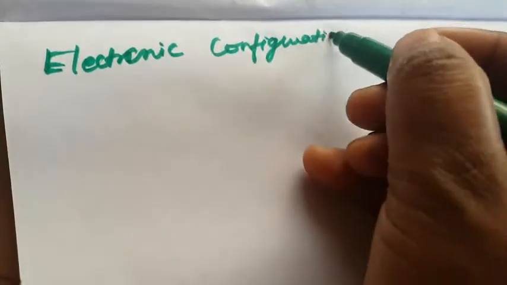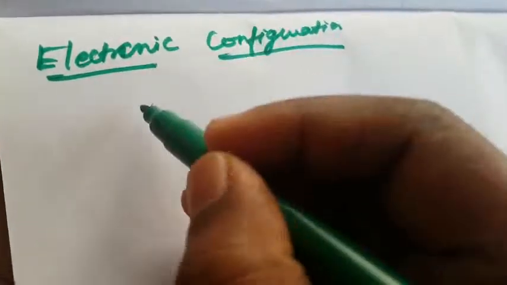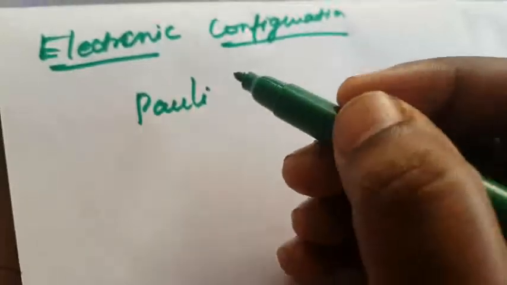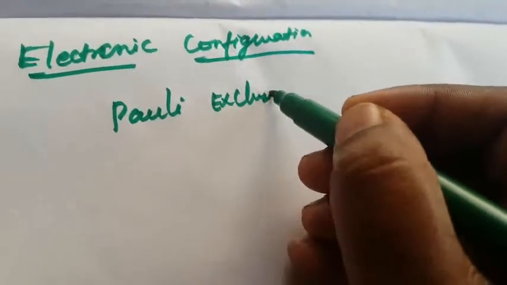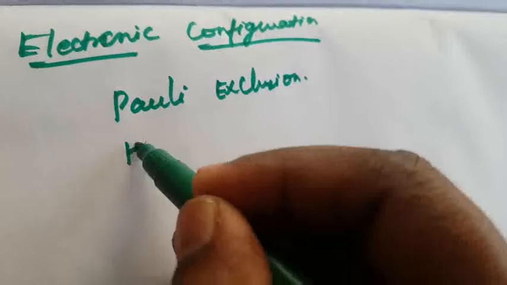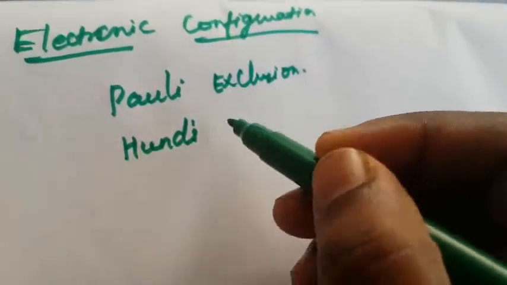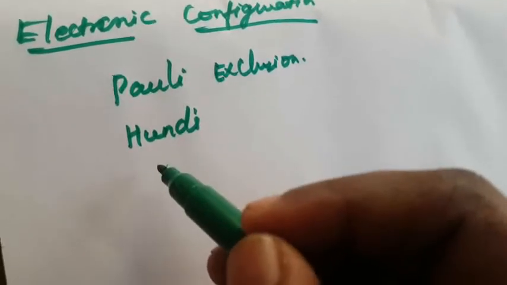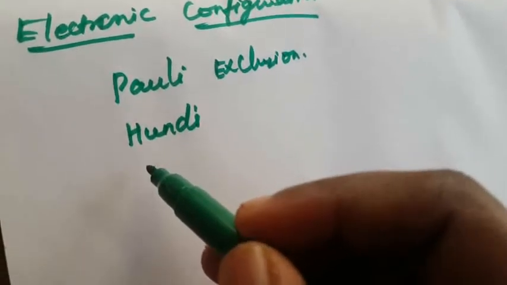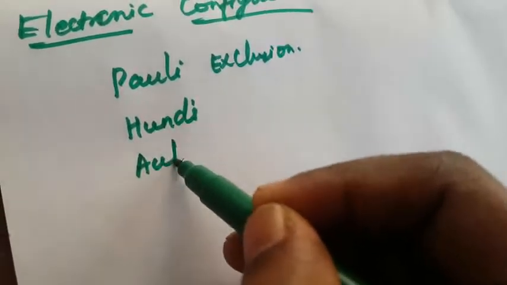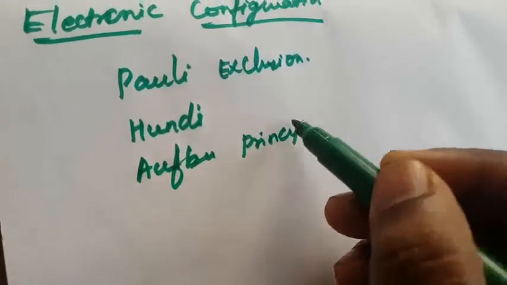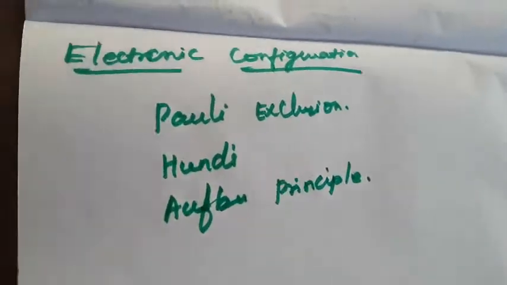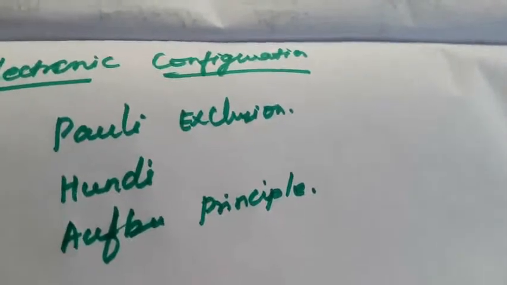We arrange the elements in the periodic table by electronic configuration.